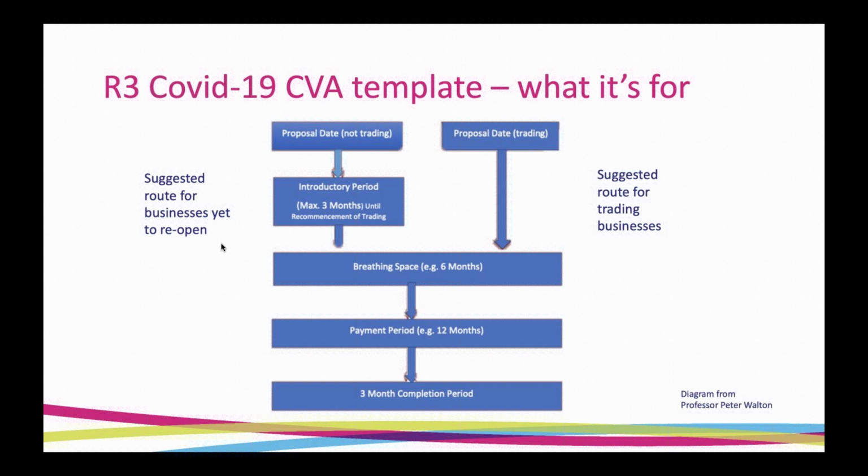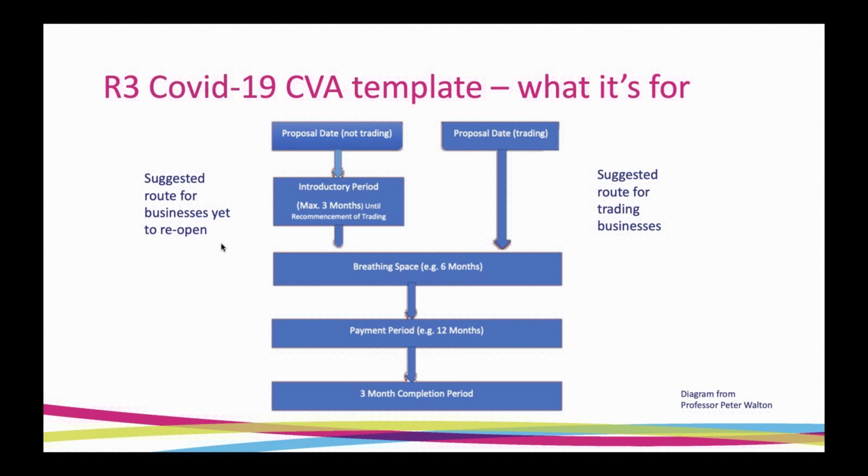So broadly speaking, there are two alternative routes into the CVA, depending upon whether the business is actually trading at the moment or whether it needs an introductory period to reopen. And the suggested introductory period is around 3 months to start the business and until it starts trading properly.